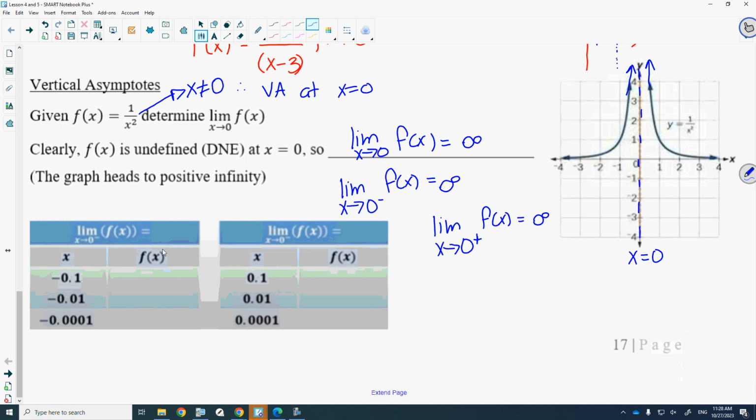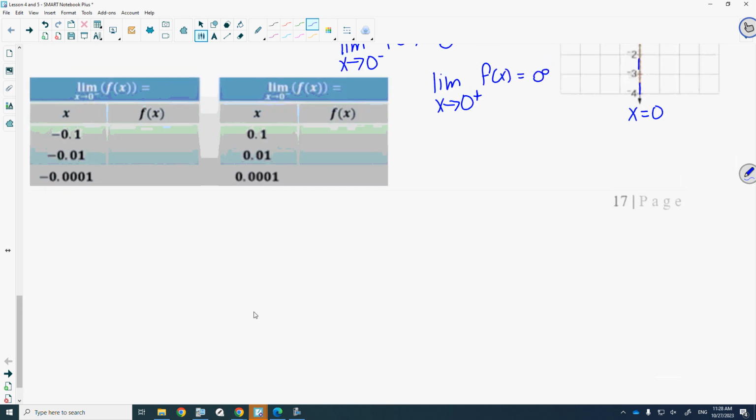If we were looking at this numerically with a table of values, I'll show you how you would do this, and I will give you these numbers since we don't have our calculator. We're going to be approaching 0 from the left, and from the right. So you would first pick a number left of 0. So the limit as x approaches 0 from the left-hand side of f of x is equal to.